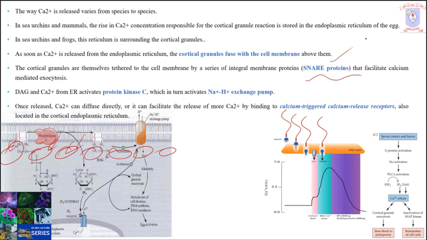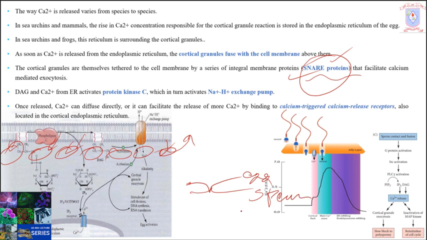You will see the SNARE proteins' role in the fusion of the plasma membrane of the egg and the sperm in coming slides. So keep in mind that SNARE proteins are involved here also. The cortical granule exocytosis is facilitated by SNARE proteins, and the same SNARE protein functions in the fusion of the plasma membrane of the egg and sperm.